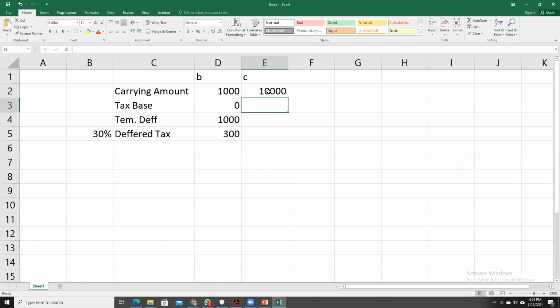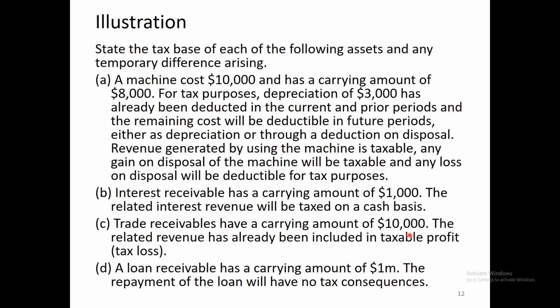Tax base, how much? The tax authority allowed us to deduct the expenses on accrual basis. That's why they are saying the trade receivable has a carrying amount of 10,000 and the related revenue has already been included in taxable profit.